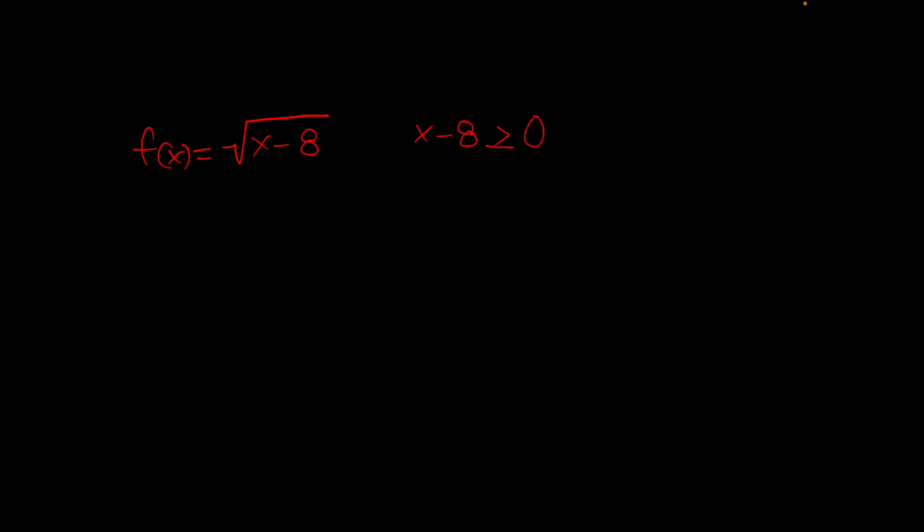And to get x all by itself, we just have to add 8 to both sides, which means that x has to be greater than or equal to 8, which means that if we were to write this as the domain, we'd write it like this, and we'll use a bracket because we're including 8. We write 8 to infinity. And this right here is our domain.